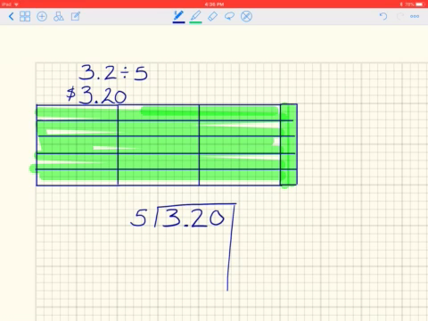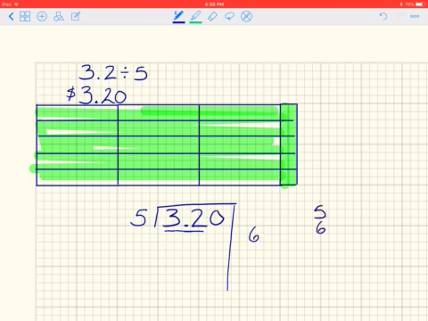So I know I can't do 1, because if they all get $1, that's more money than I have. So let's try something like, I look at this 3 and 2/10 and think 32, and I think 5 times 6 is 30. So I'm thinking a 6 out here.